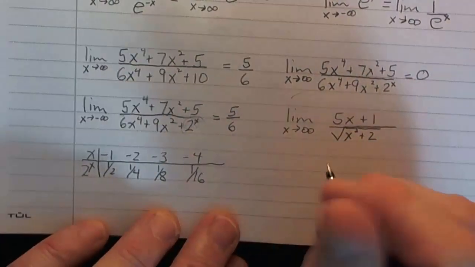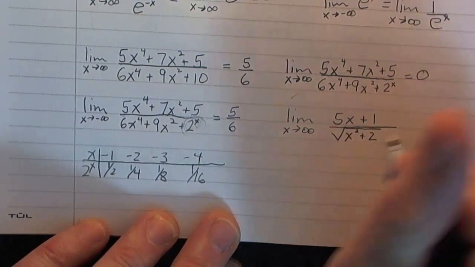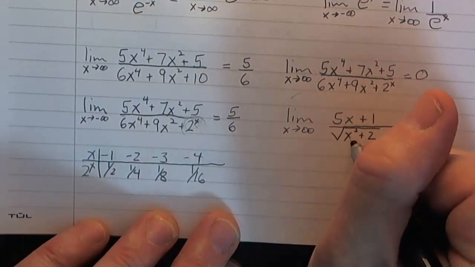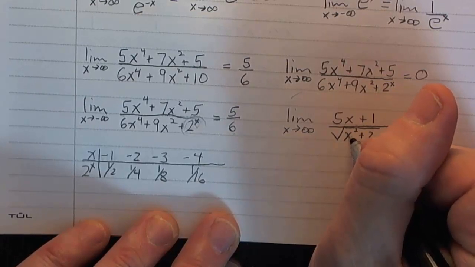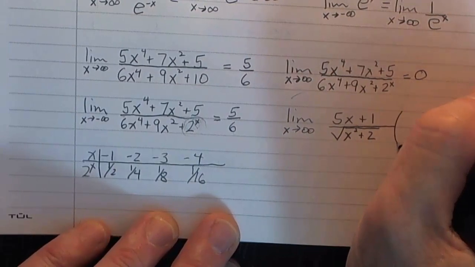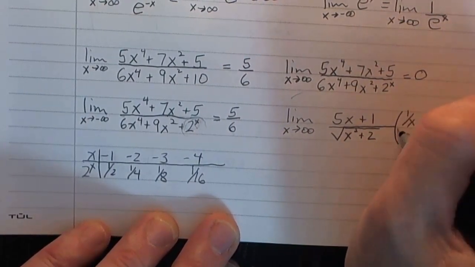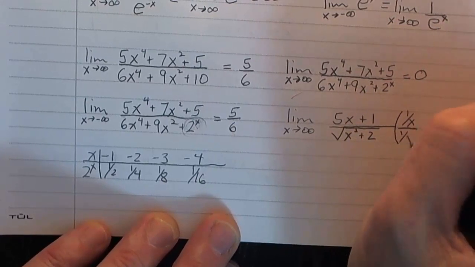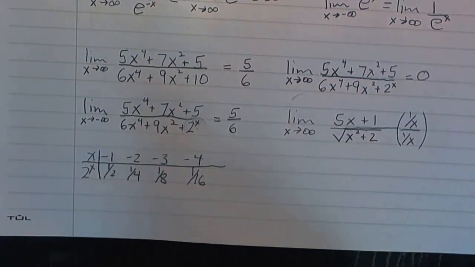In an attempt to simplify this and help us understand what's going on, I'm going to divide the top and the bottom by x. I'm going to multiply by 1 over x on the top and the bottom. This will help me to see what's going on here.